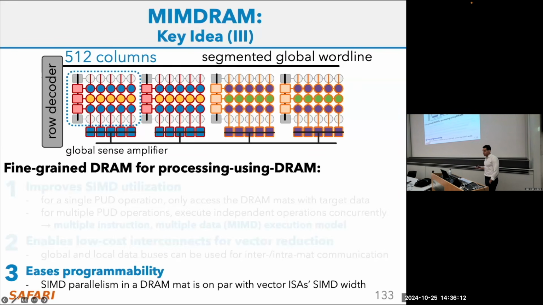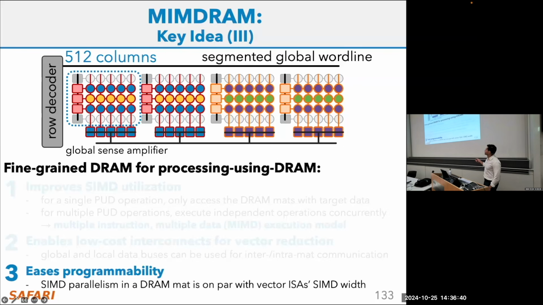And finally, it does not necessarily come for free, but it comes without needing to change the design. Usually the size of this DRAM mat here is 512 rows by 512 columns. Depending on the DRAM organization, it might be 512 columns by 1,000 rows, but it's always around that because we don't want to make those columns and word lines too long. Otherwise, the impedance gets high and the capacitance as well.